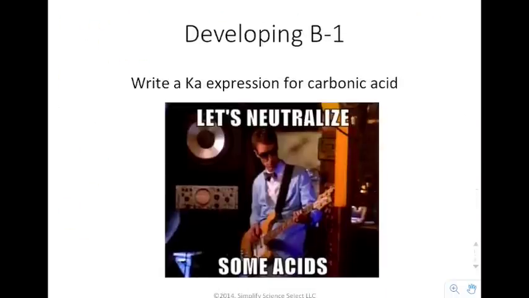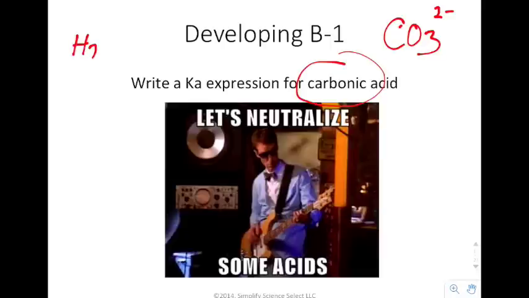It says write a Ka expression for carbonic acid. You should know that carbonic acid is based on carbonate, which is CO3. It has a charge of 2 minus. So I can say that the equation for carbonic acid is H2CO3 going to 2H plus, plus CO3 2 minus.